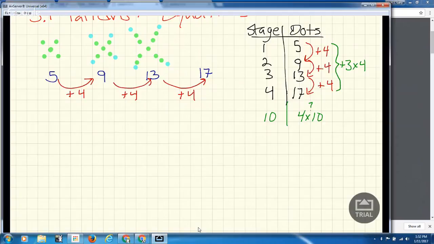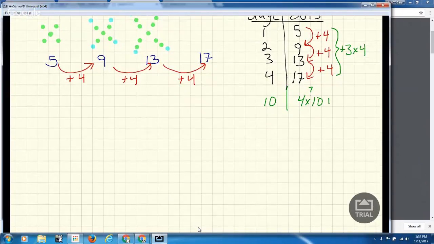So it looks like when I try to multiply 4, the amount we're jumping by the stage on that, I almost get the number of dots. So I think if I just tweak this by adding 1, then I'm good. So I can guess at the formula. If somebody said, hey, what about the nth stage? Well, n is a variable. It could be 4, it could be 10.